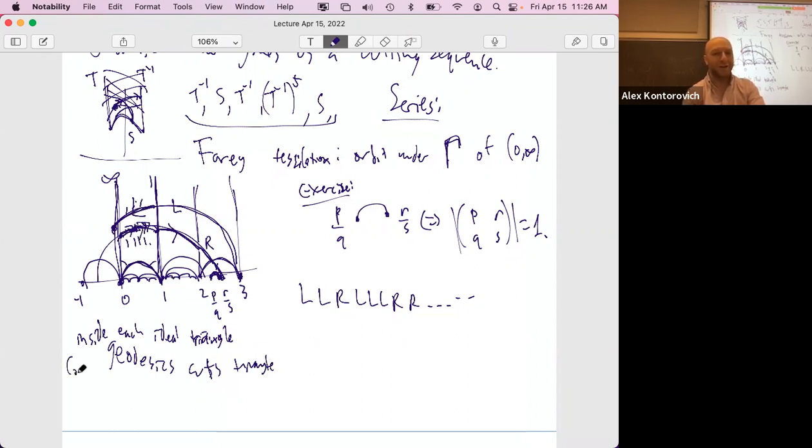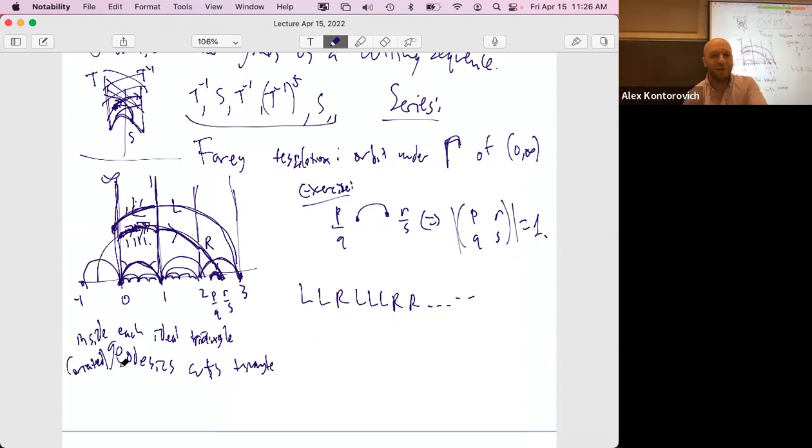It's an oriented geodesic. It's not just a curve. It's a curve with a direction. The orientation is crucial for this. If you're going the other way, you would call it an R. So you're going this way, you'll call it an L.